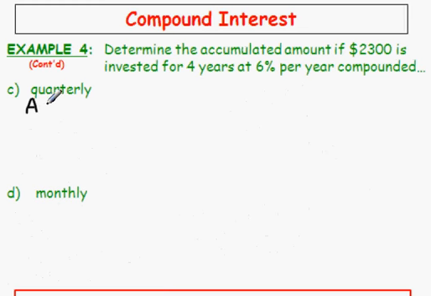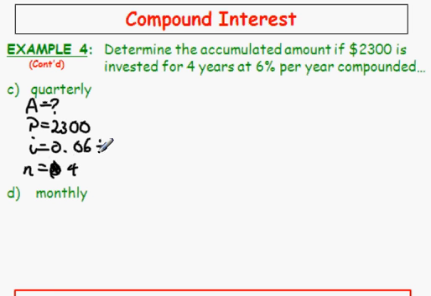So for quarterly, we're going to take our interest rate and our time, and we're going to divide by 4 and multiply by 4 because it is quarterly.